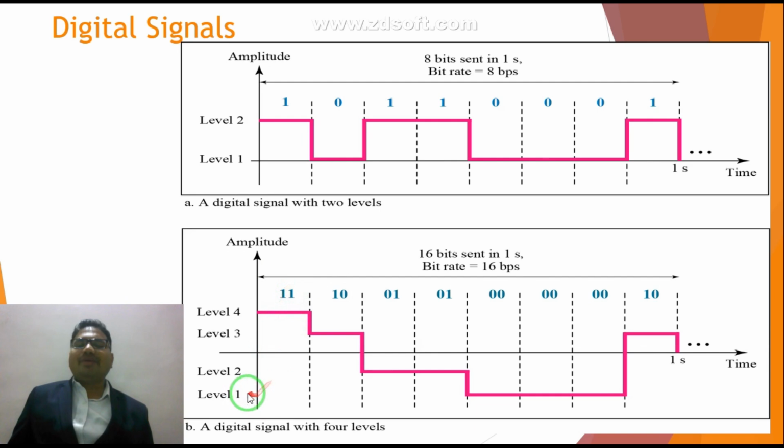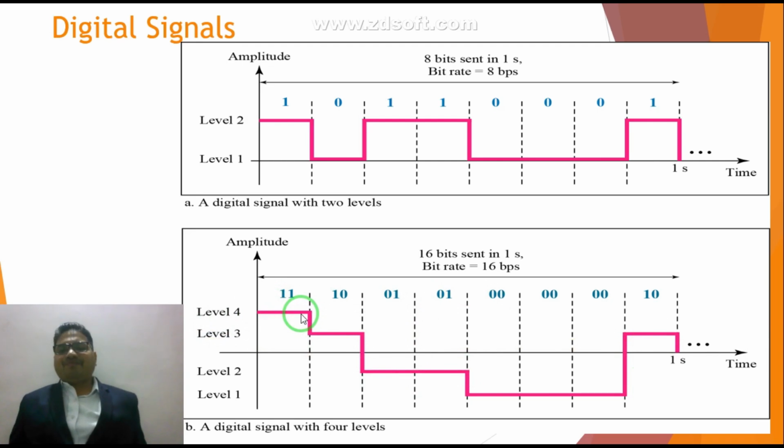So there are 4 possible combinations. 11 means it has the highest positive voltage. 10 has a low positive voltage. 01 is a negative voltage, and 00 is the most negative voltage. So you can see 00 is represented by level 1, 10 is represented by level 3, 01 is represented by level 2, and 11 is represented by level 4.